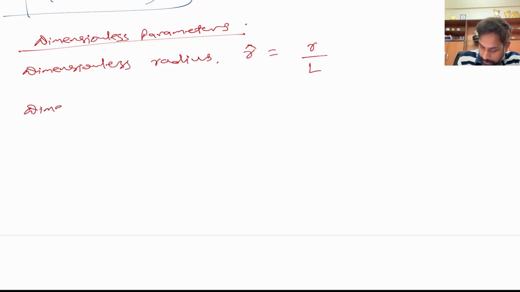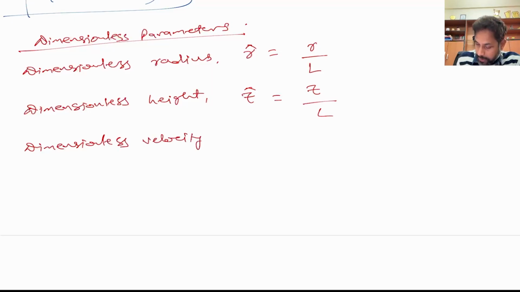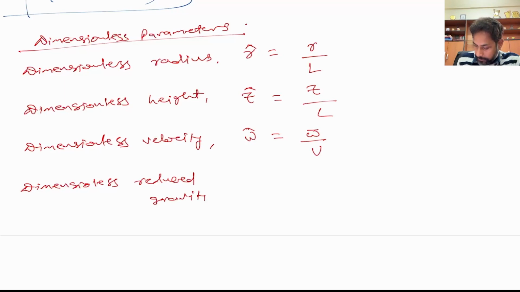Likewise dimensionless height, z hat, becomes z over L. Dimensionless velocity, w hat, is w bar over U, and dimensionless reduced gravity, g hat, is g prime bar over capital G. You already know these parameters: r is the radius of the plume, z is the vertical axis, w bar is the mean vertical velocity, and g prime bar is the mean reduced gravity at any location z.